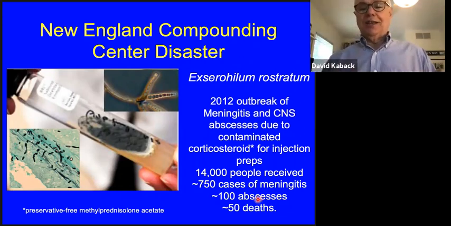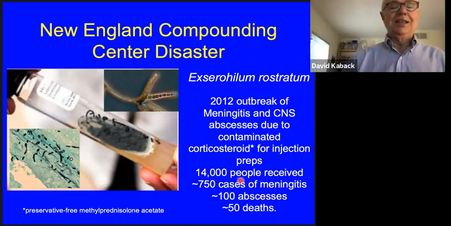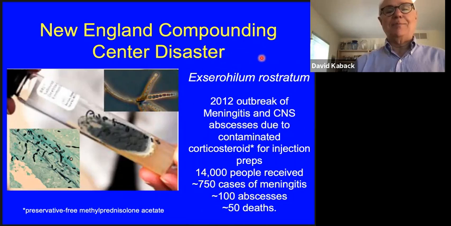They were injecting a normal soil or environmental fungus under their skin systemically, and it was a disaster that put the New England Compounding Center out of business, to say the least.